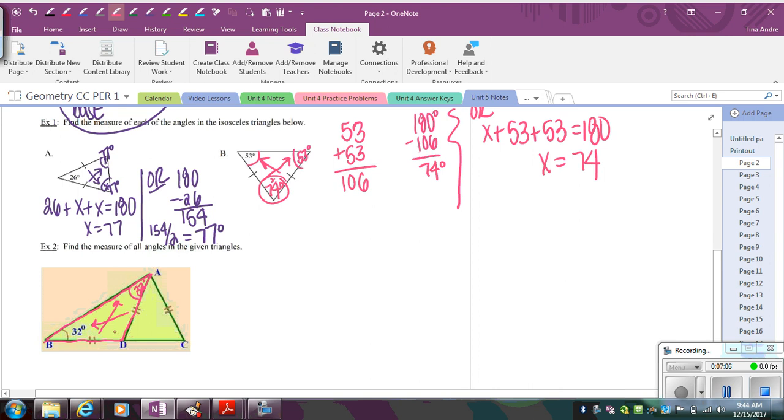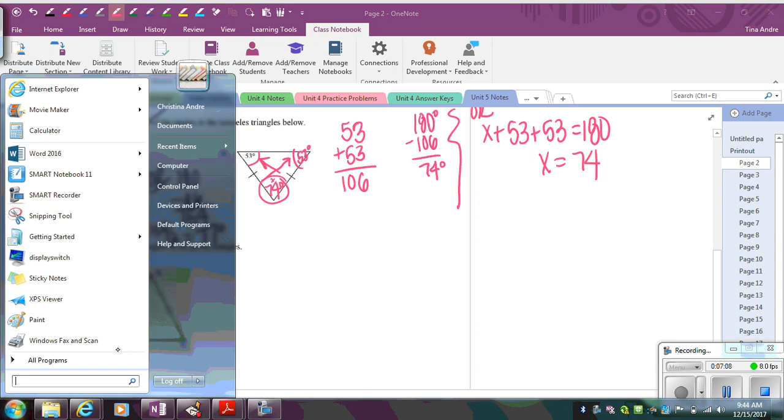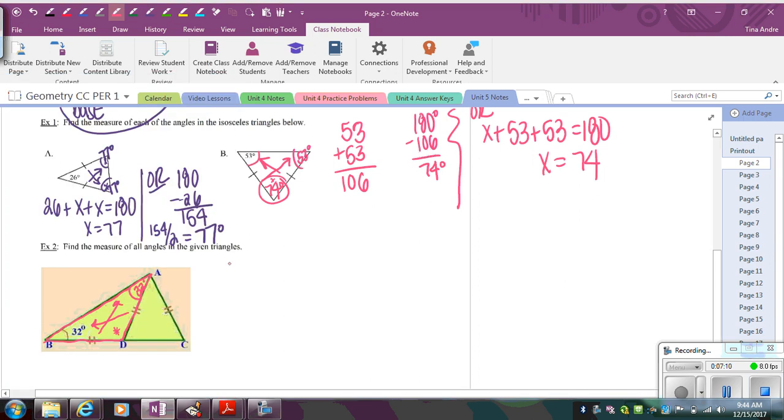So then in order to find this angle at vertex D, I'm going to add up the 2 that they give me, the 32s, and then subtract that from 180. So 180 minus 64 gives me 116. I did the subtraction already. So that means this angle right here is 116. So let me fill that in.